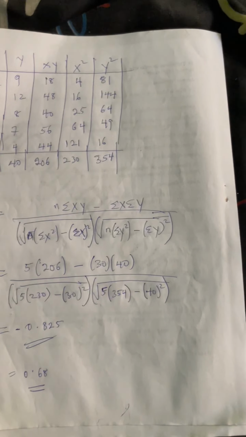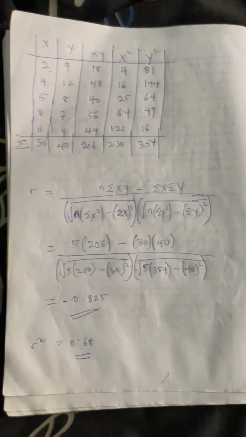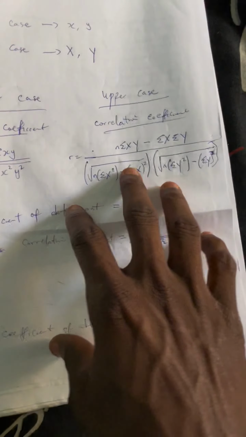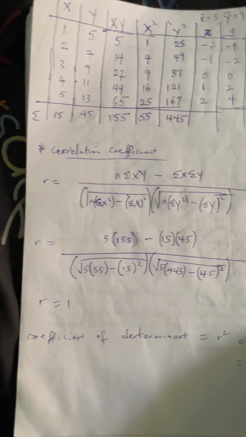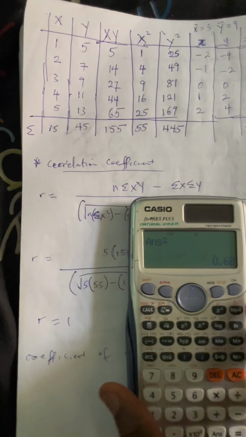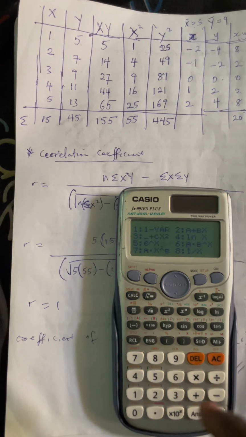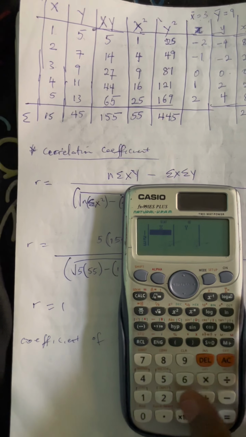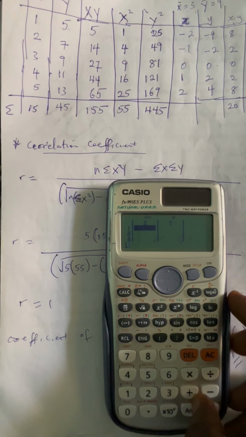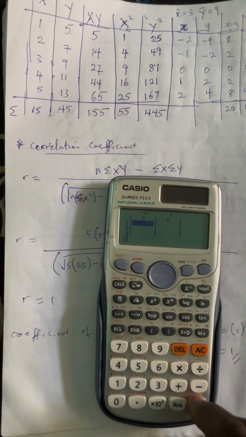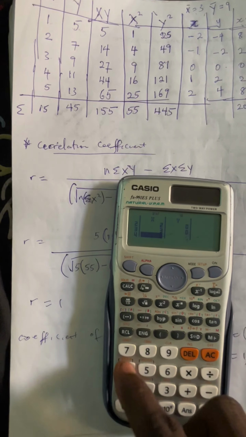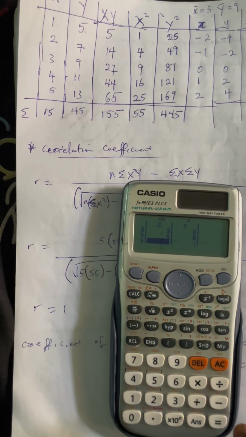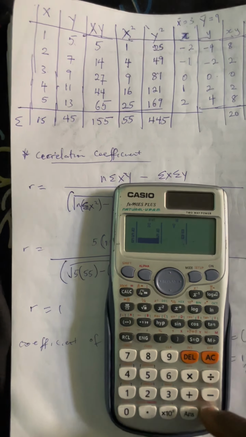Now the second question we solved earlier, which is this, that we got 1. So let us see if this one is also correct. We have the start, number 2. Let's insert. We have 1 equals to, 2 equals to, 3 equals to, 4 equals to, then 5 equals to for the x.